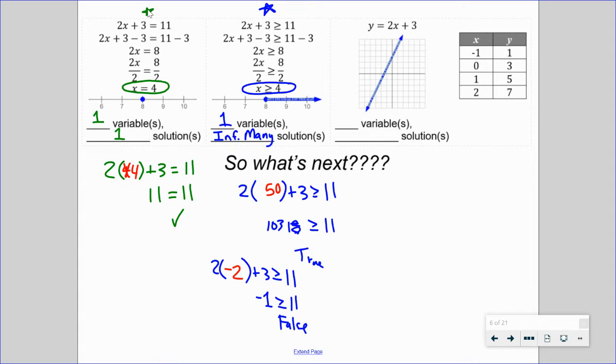Which, by the way, is why we don't graph or color in any of the numbers to the left of 4. Why did I write 8 there and 4? How about that? I bet that should be 4, huh? Point here is, equations often have one variable, one solution. Inequalities, one variable, infinitely many solutions.